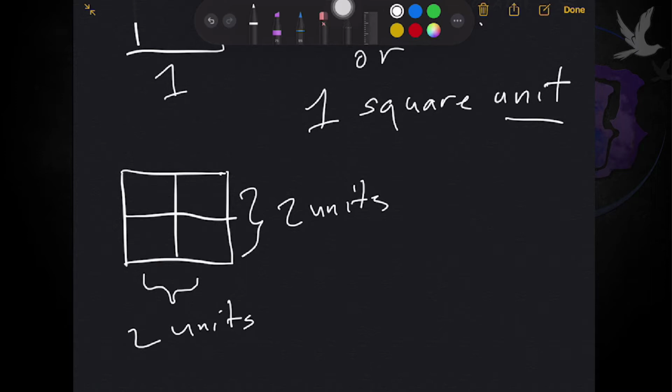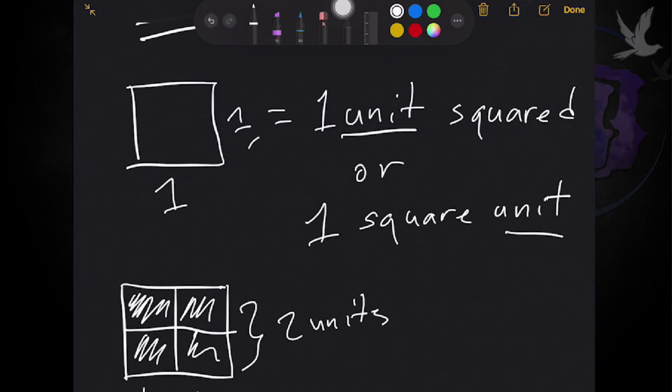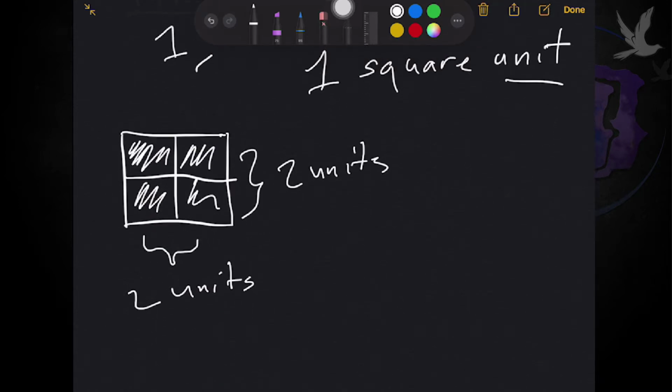So, area refers to what occupies the inside and how many units are there in this case. Like for example, in this case, we have 1 unit for this, 1 unit for this one. The total space that we have is just 1. That's why it's called 1 unit squared or 1 square unit. But in this case, it's 2 units for this side and 2 units for the bottom part.